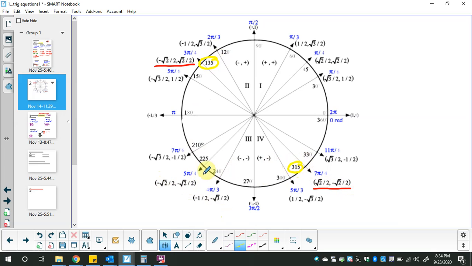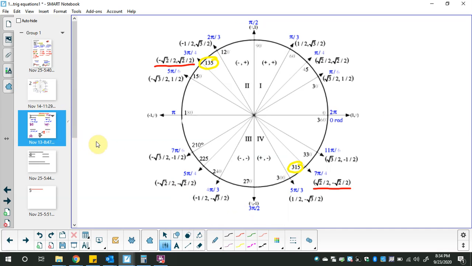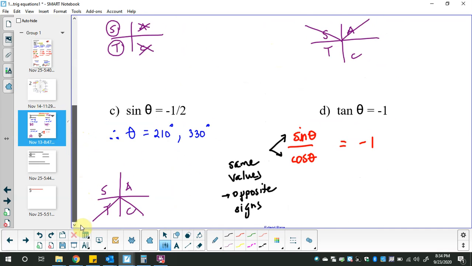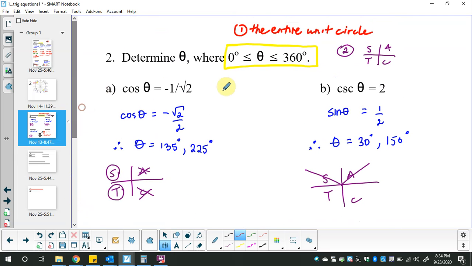So 135 degrees and 315 degrees. And this also is in the space I asked you to focus on.